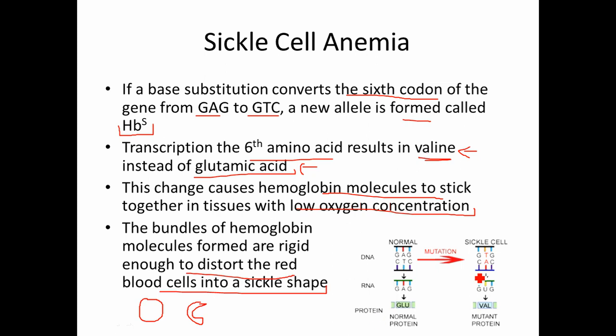This diagram illustrates the mutation that occurs from the normal DNA sequence to the sickle cell mutation, and how that affects the amino acid encoded in the protein. You normally get glutamic acid, and instead you get valine encoded in the sickle cell gene.